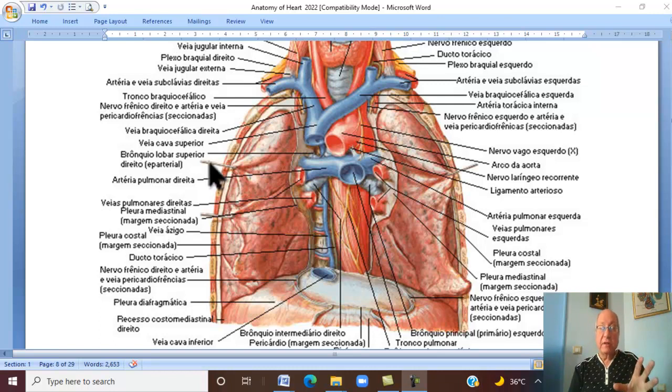And in this picture, this is a deep dissection of the thorax, with removal of the heart and the pericardium to see the structures related to the base of the heart. After we take the base of the heart, we should discuss the apex of the heart.